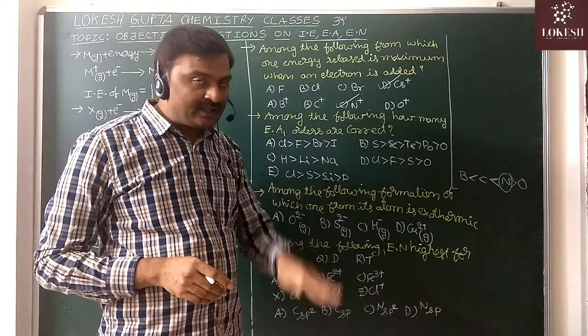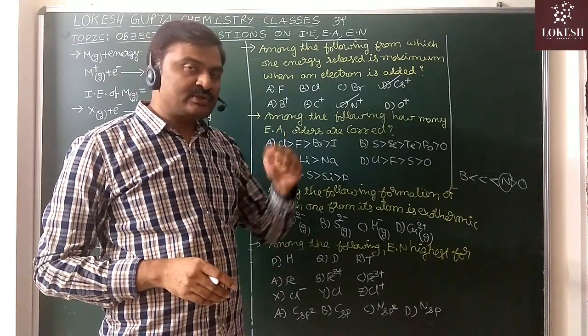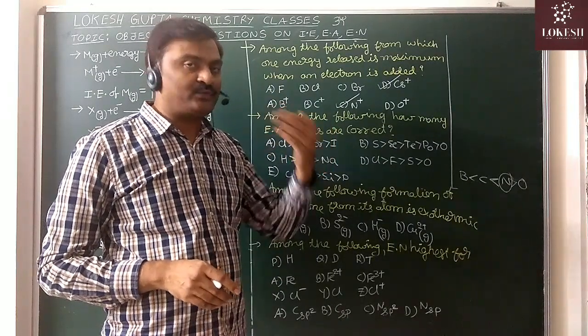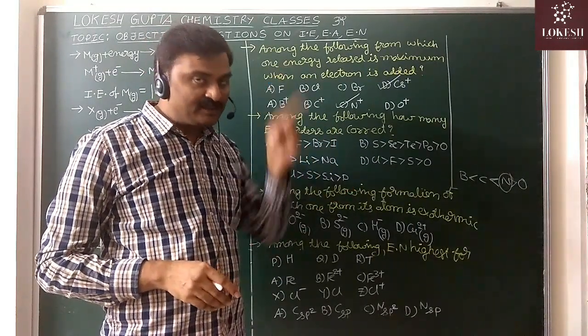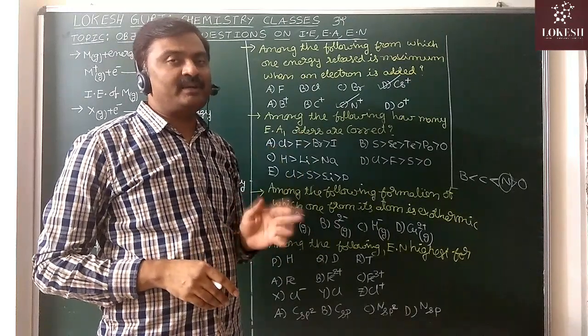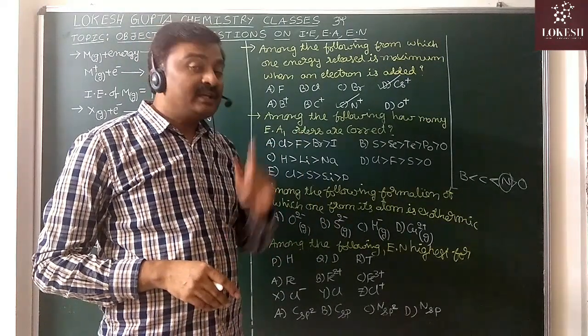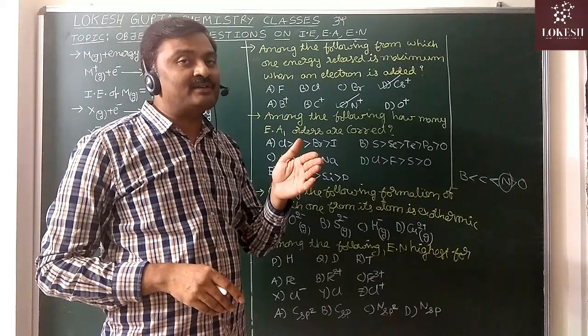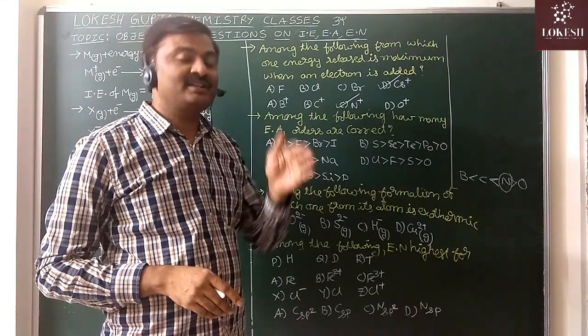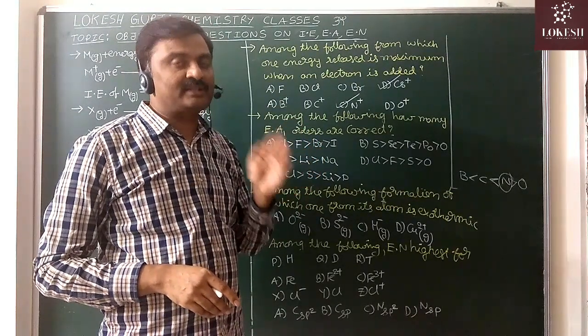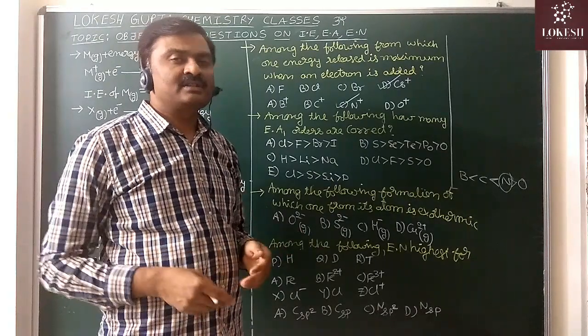Down the group electron affinity decreases, so electron affinity should be highest for the first element. But except in 1A group, in the remaining groups of the S and P block, this is not correct.